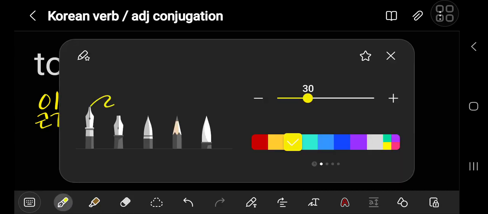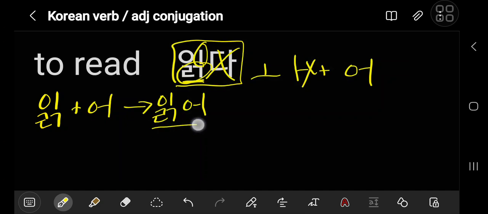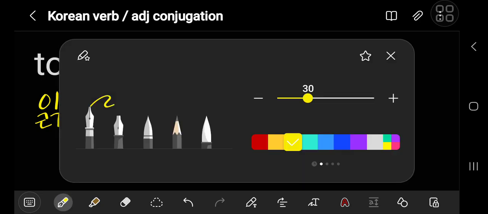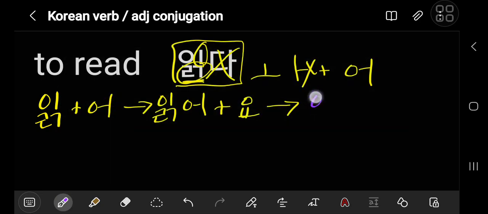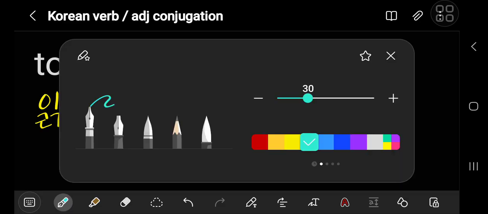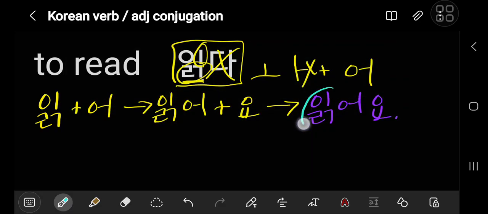Okay. So we got our conjugated form, and we need to add on formality, and we got our present tense, right? So 읽어요. So especially when we're saying the whole thing, what happens with the pronunciation is this is saved, and then this guy goes here.